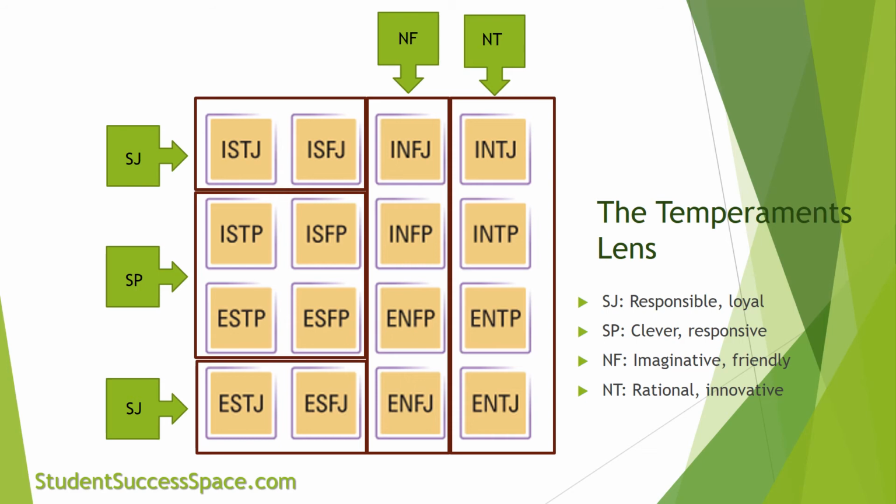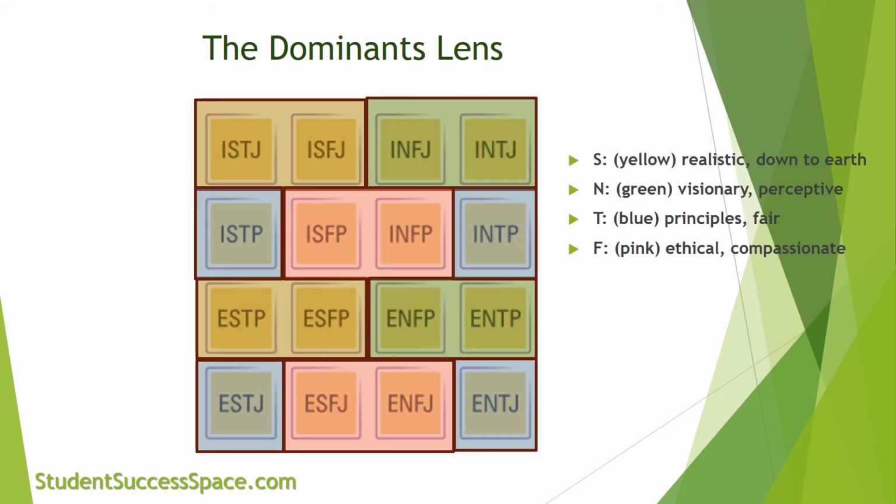The SPs are found in the 2 leftmost cells of the second and third rows. The NFs and the NTs are found in the columns. So an SJ is responsible and loyal, an SP is clever and responsive, and NFs are imaginative and friendly, whereas NTs are rational and inventive.